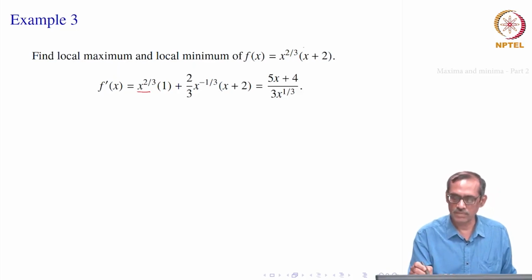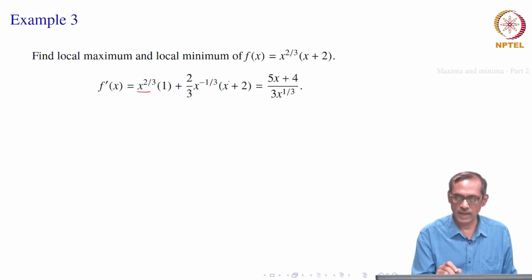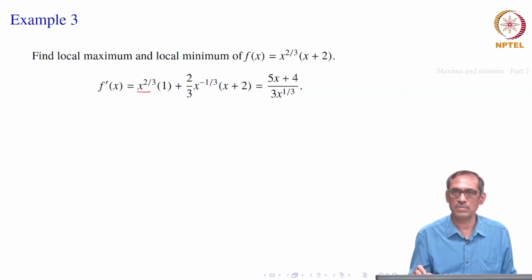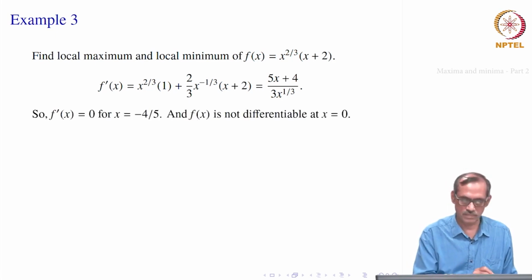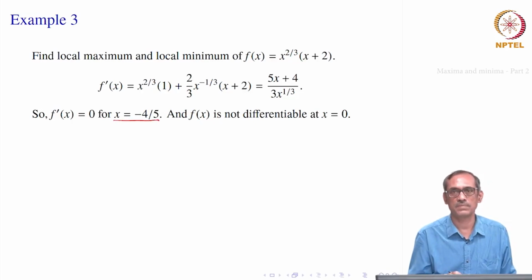Next, the derivative of x to the power 2 by 3, which is 2 by 3 x to the power 2 by 3 minus 1, which is minus 1 by 3, times g, which is x plus 2. So, you simplify, that gives 5 x plus 4 divided by 3 into x to the power 1 by 3. So, to find the critical points, we should see where this becomes 0. It is 0 at x equal to minus 4 by 5, from this numerator.